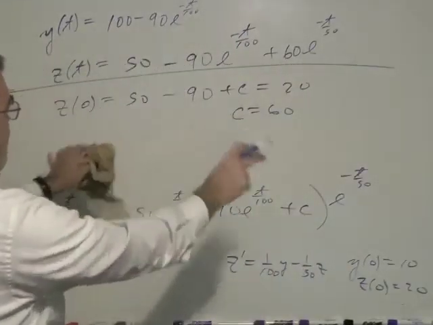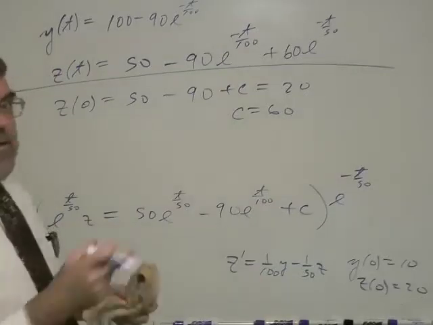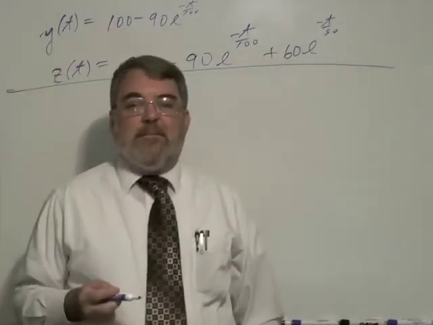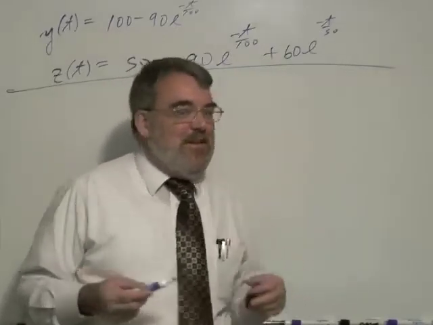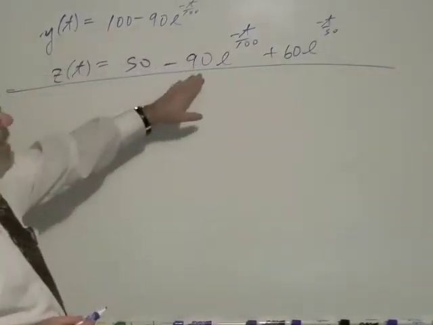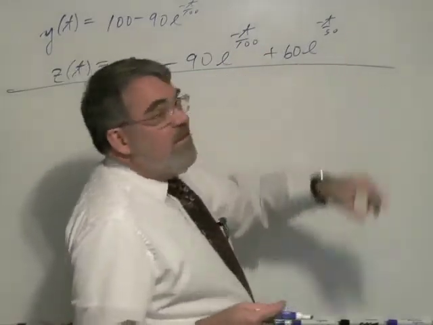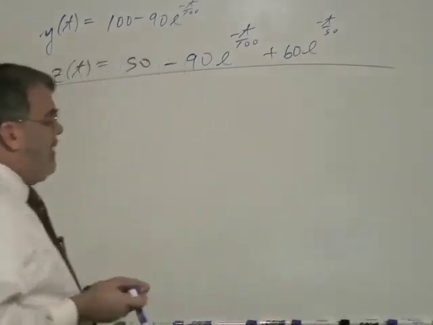And I'm going to erase all this stuff here before we go farther with it. Well, we're done getting z of t, which is 50 minus 90 e to the negative t over 100 plus 60 e to the minus t over 50.